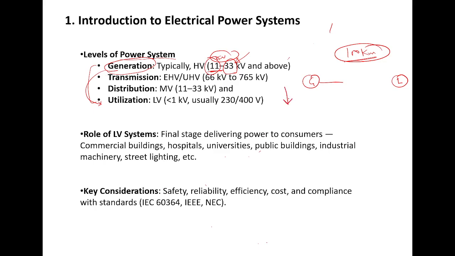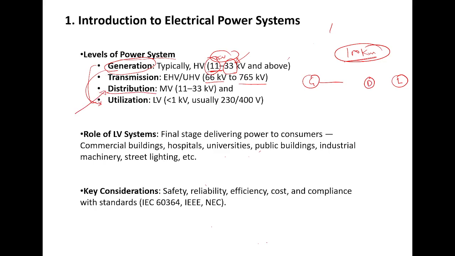So overall the cost increases. To decrease the cost, what we do is step up the voltage levels and transmit that electricity, up to 765 kV. We step up the voltage and transmit the electricity up to my distribution stage. In the distribution stage, you can call it a distribution substation.